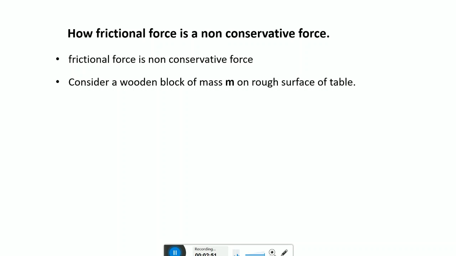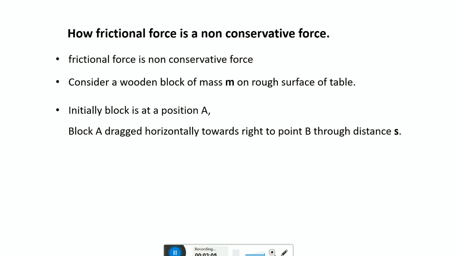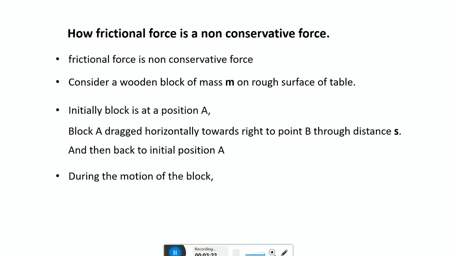consider a wooden block having mass m resting on the rough horizontal surface of a table. Initially, the block is at a position A. The block is moved horizontally towards the right to point B through a distance S and then returns to its original or initial position A. During the motion of the block, the frictional force always acts opposite to the direction of motion of the block.